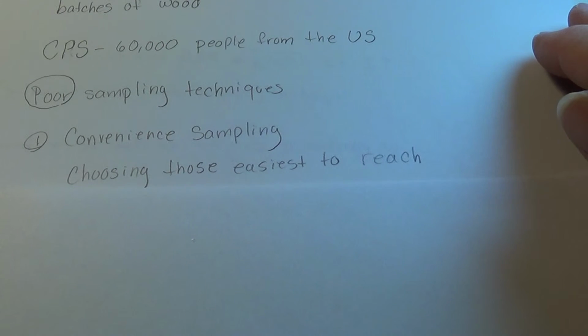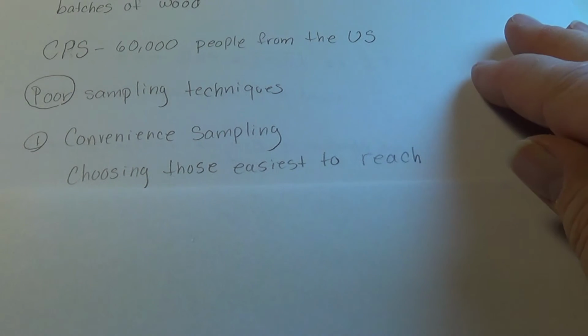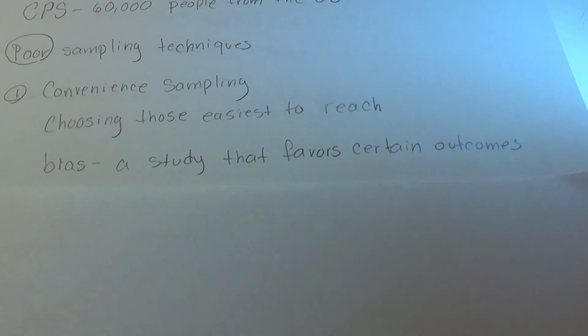If I say I want to know how many people in Maryland are going to vote a certain way, so I stand in front of the mall and ask the first 200 people who walk through the door, once again there's convenience in that, but there's also a strong bias. A bias is a study that favors a certain outcome because there's something unique about all of those people who walked into that mall at that time.